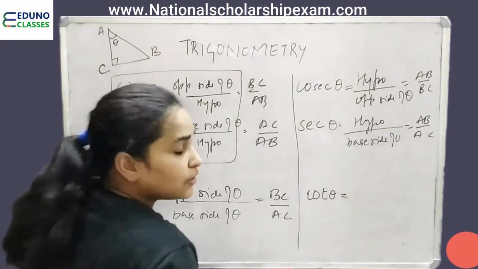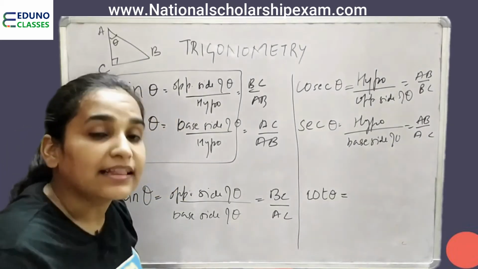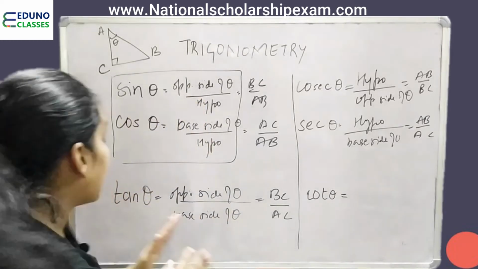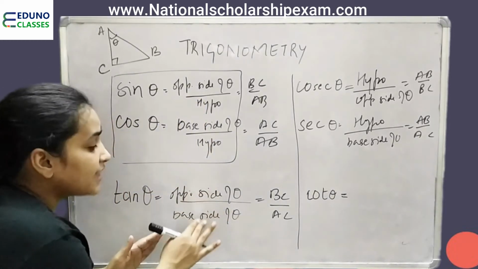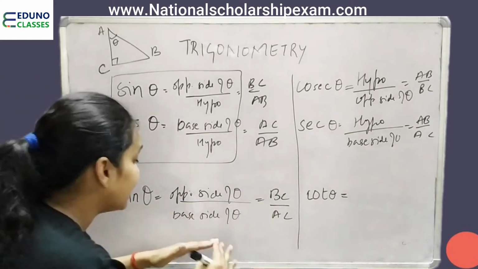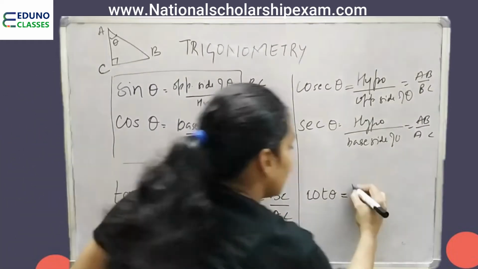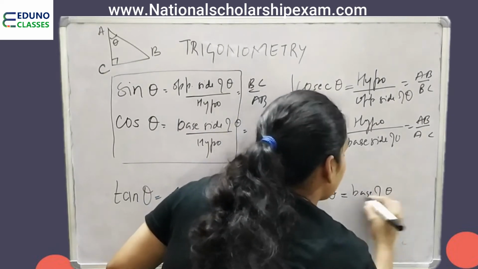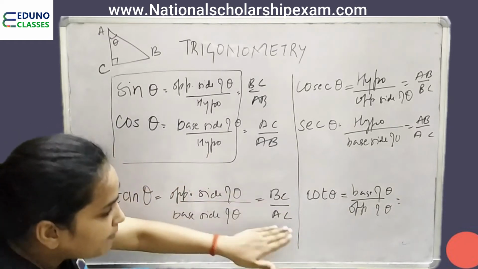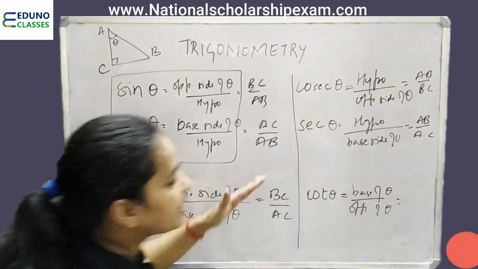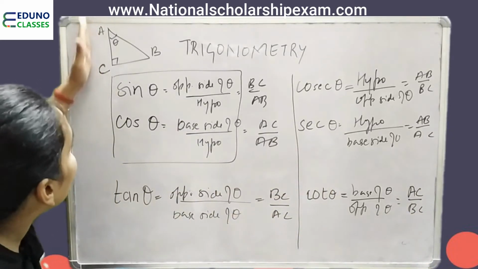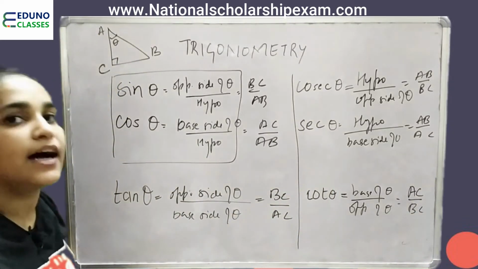And cot theta is nothing but the reciprocal of tan theta. Tan theta is the opposite side of theta upon the base side of theta, so cot theta will become the inverse, that is the base side of theta upon the opposite side of theta. BC upon AC will become reciprocal, AC upon BC.